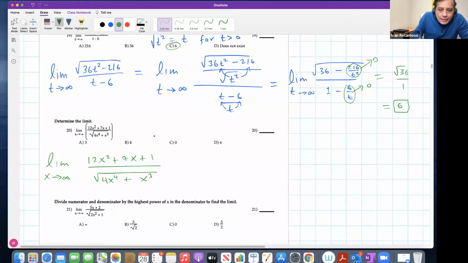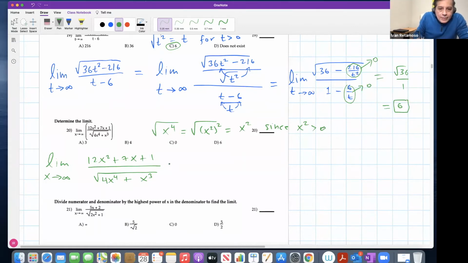I'm going to use the fact that the square root of x to the 4 is equal to the square root of x squared squared, and since this is positive, this is just x squared. No matter whether x is positive or negative, x squared is always positive. So we're going to use this trick.